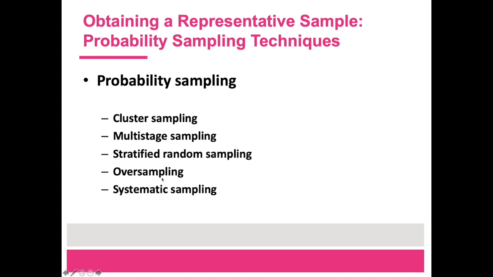The one I do want to mention is oversampling. And this is where there may be really underrepresented groups. So individuals that are minorities and have a disability, there's not very many to sample from in any given place.